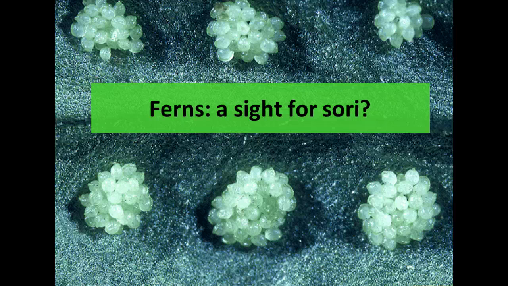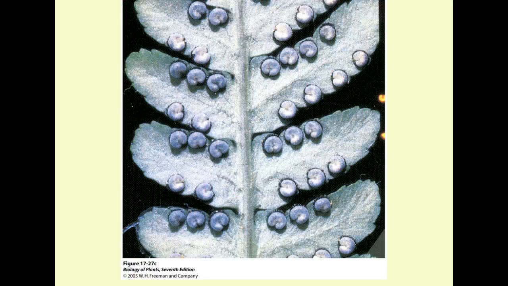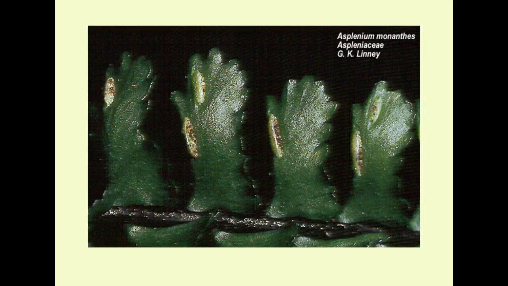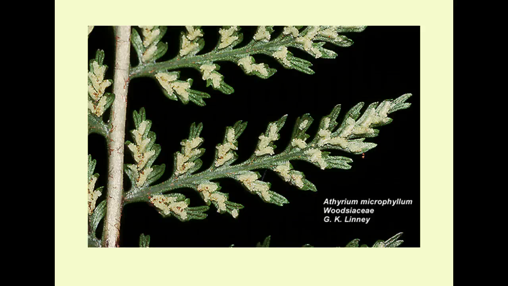So ferns, a site for sori? No? All right, here's an interesting collection of sori covered by indusia. But they're not always like round button candies. They may also be longer stalks. There's a lot of different structural diversity here.